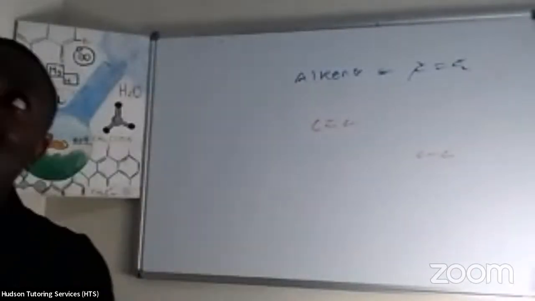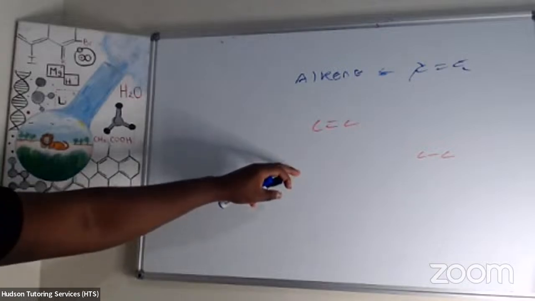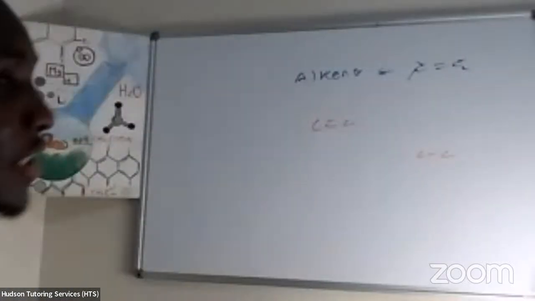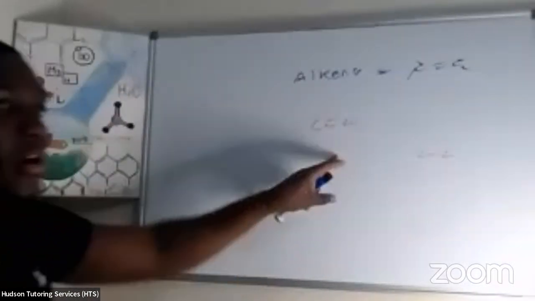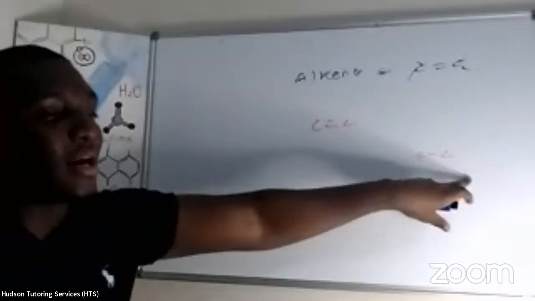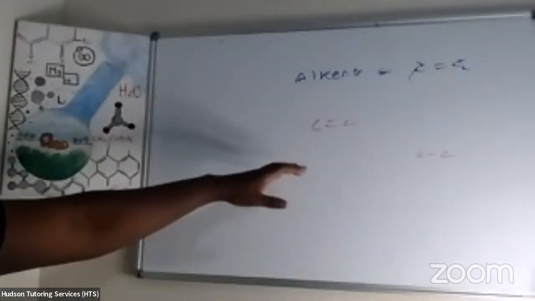As you go up, for example in CAPE chemistry, you learn about pi bonds. So this has pi bonds and sigma bonds, while this just has sigma bonds. There's some form of rotation about the central axis here, as opposed to C single bond C, where there's no rotation, it's restricted. So C double bond C is more reactive.